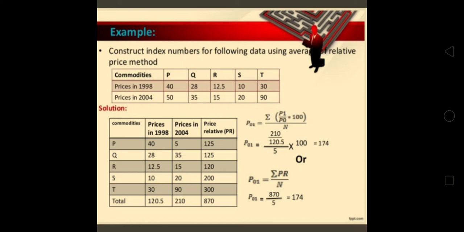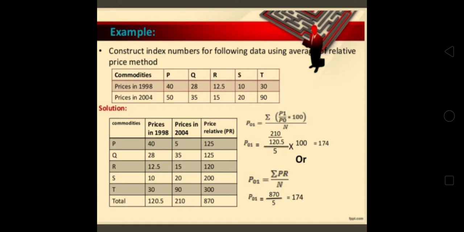Then we can apply the formula. P01 is equal to bracket start P1 divided by P0 into 100, that is 210 divided by 120.5, divided by 5 into 100, that is equal to 174.